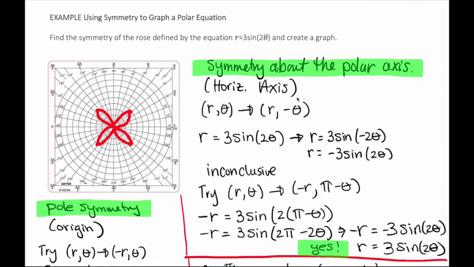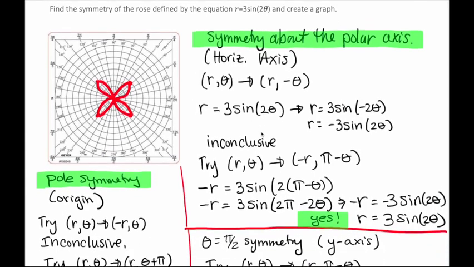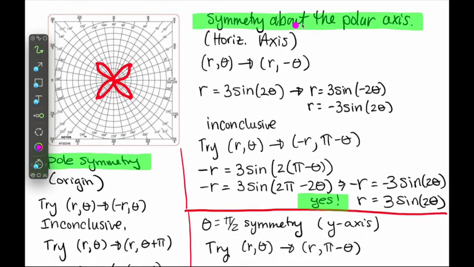So let's look at the rules and do this algebraically now. If we want to look for symmetry about the polar axis, the first test we could try is to replace theta with negative theta and see what happens. If we plug in negative theta, we get r is equal to 3 sine negative 2 theta.